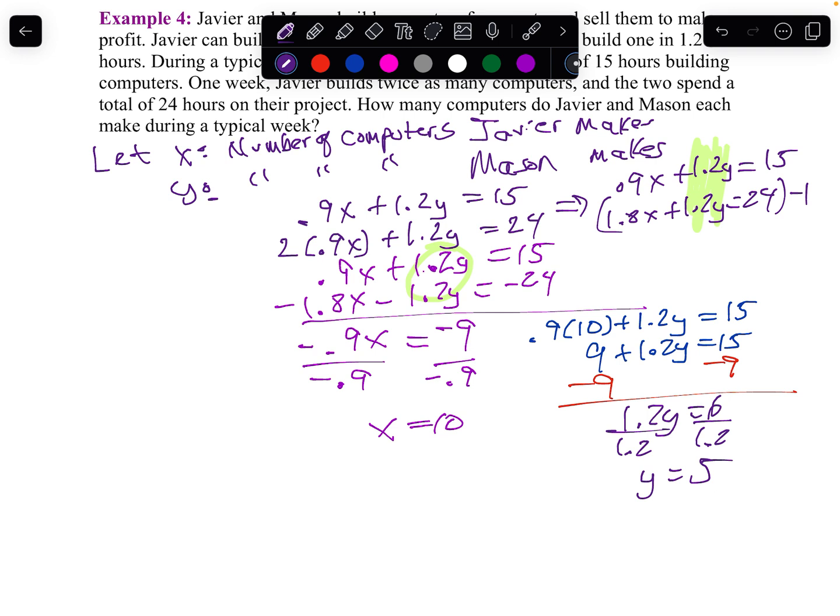In other words, Javier makes twice as many. So let's answer that question. It's a word problem. Let's not write it as a word problem. Let's answer the question.